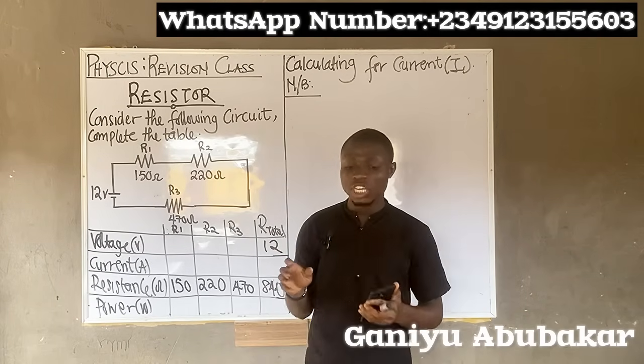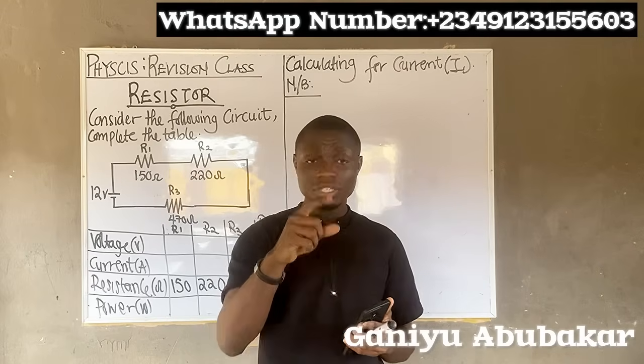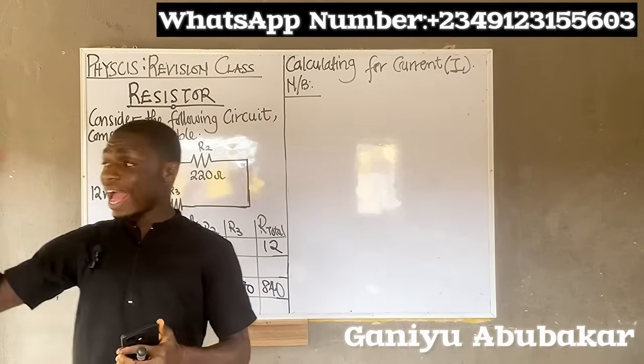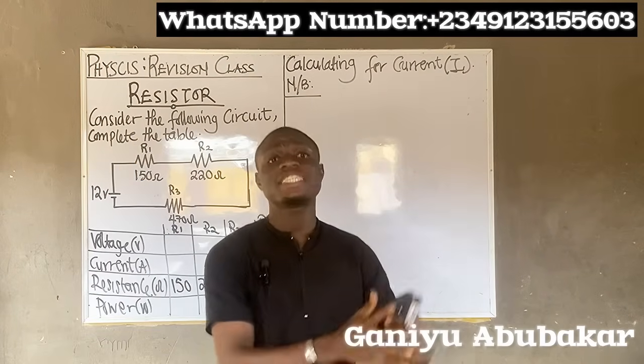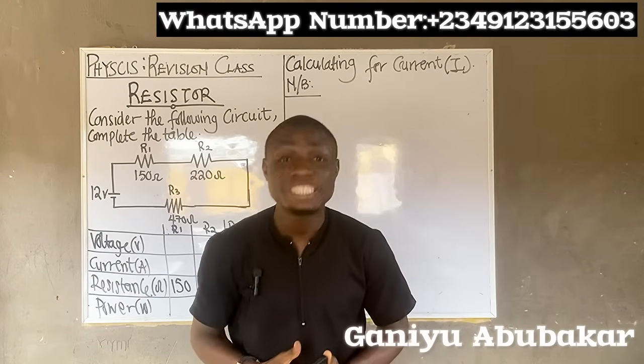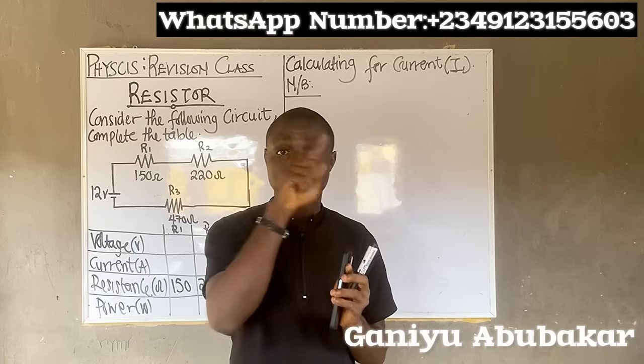That's important. It means that my I1, I2, I3 will be the same. Why? Because for a series arrangement of resistors, we expect the same current to flow through them.